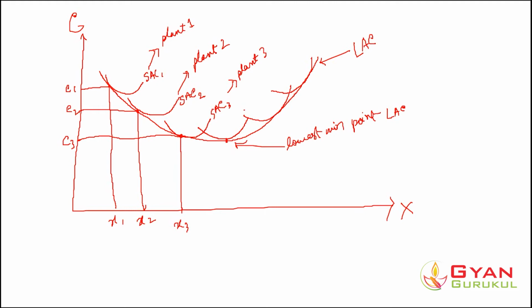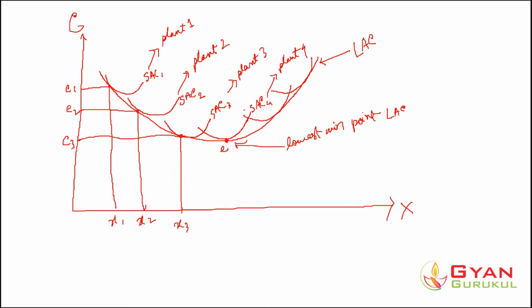Now at this point, the particular plant size represented by SAC4, or let's say plant 4, this is the short run average cost curve of plant size 4, right? Now this particular curve is tangent to the long run average cost curve at its lowest minimum point, let's say denoted at E.